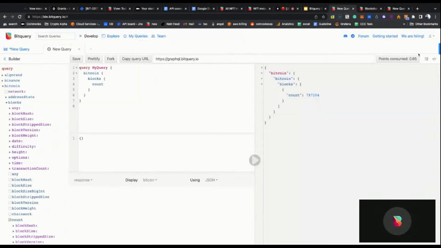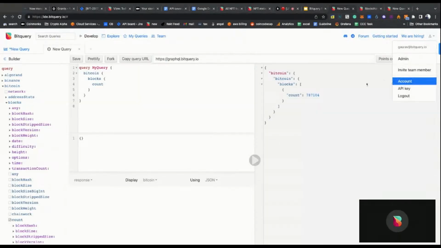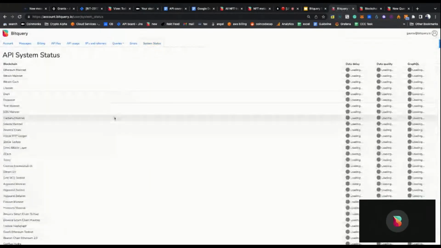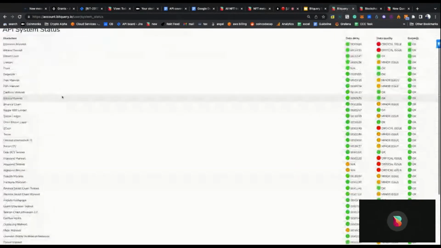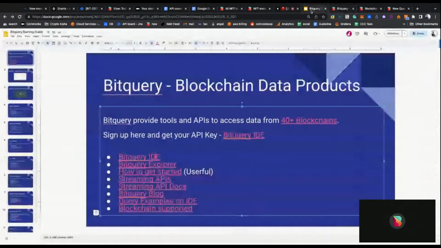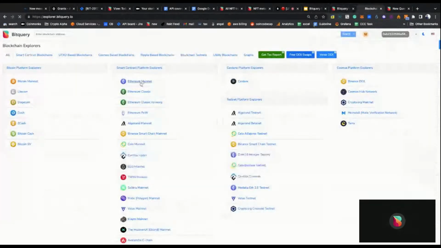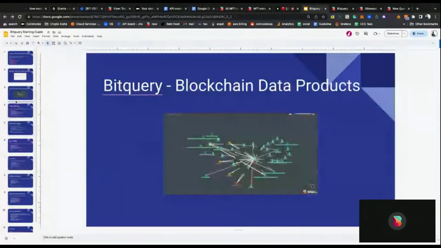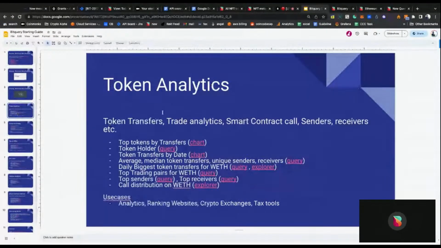If you want to see all the chains we support, you can go under your account and check system status, where you can see the number of chains supported and what's going on with them. Let me go one by one and talk about specific APIs.